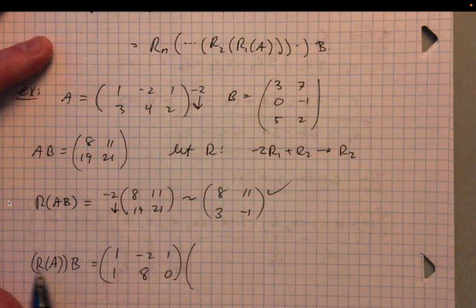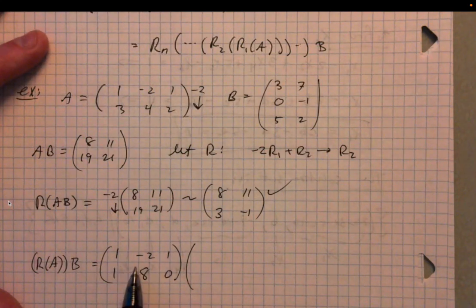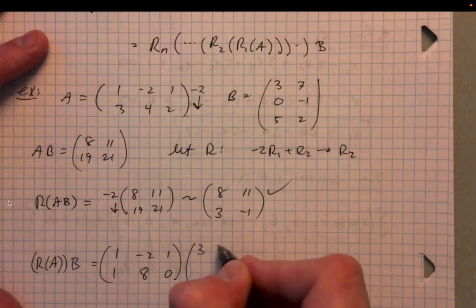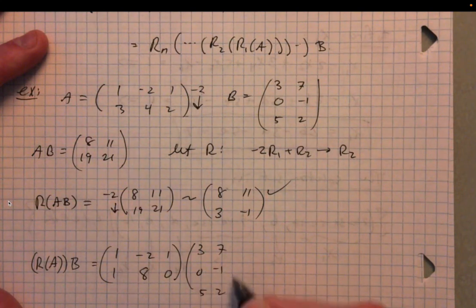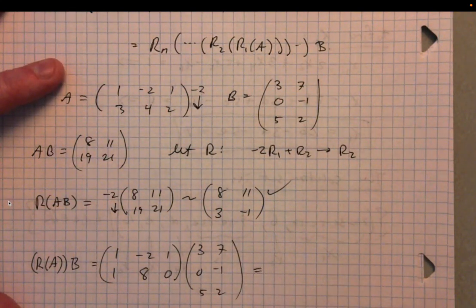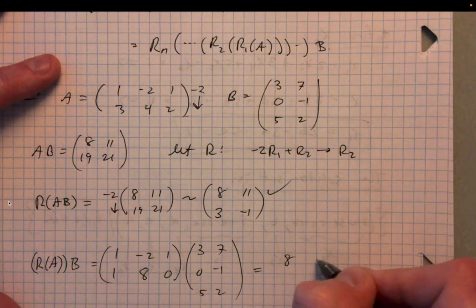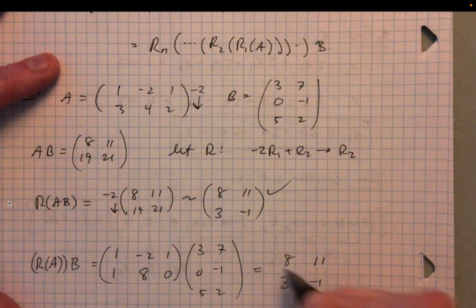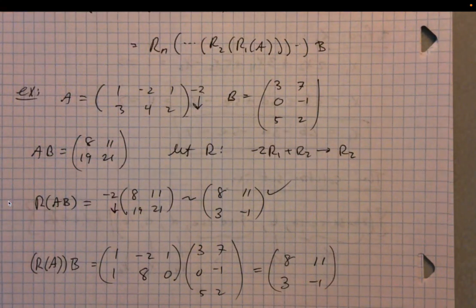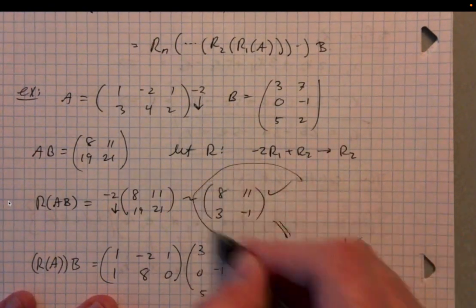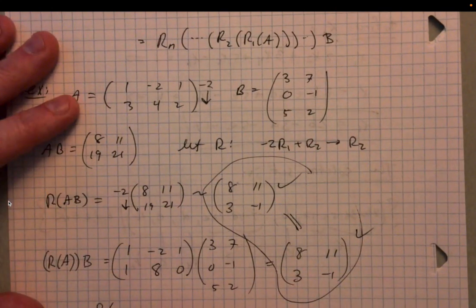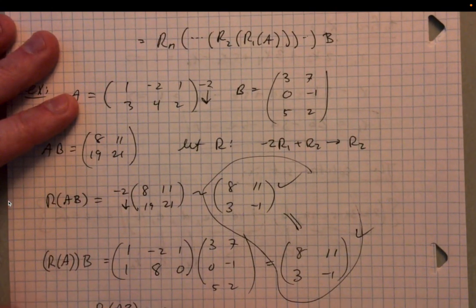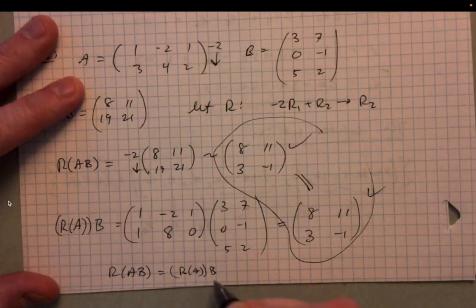Right, and that's A after the row operation, and then let's multiply it by B. And what do we get? We get 8, 11, and you can confirm this, 3, negative 1. Okay. All right, and so that's obviously the same, right? So in this case, R of AB is equal to R of A times B, which is exactly what the theorem stated.